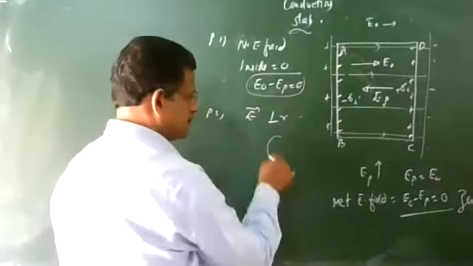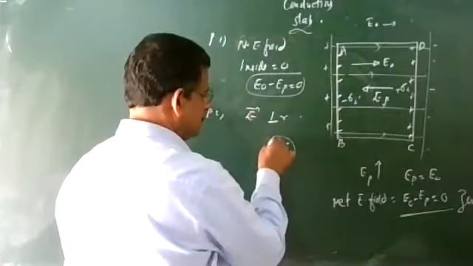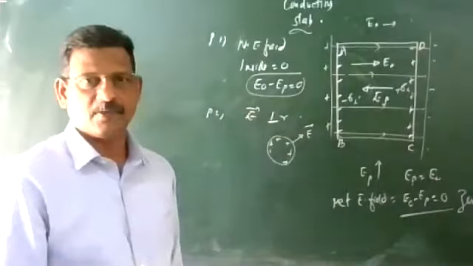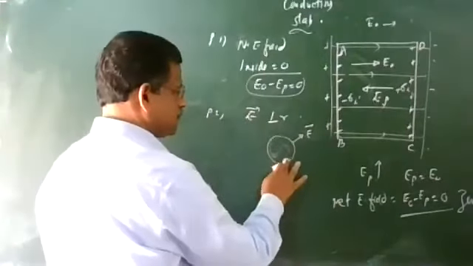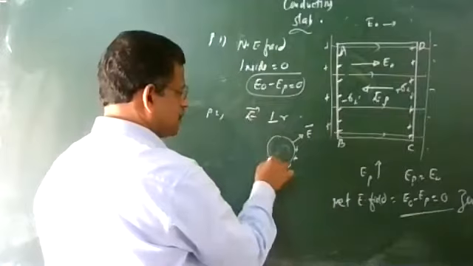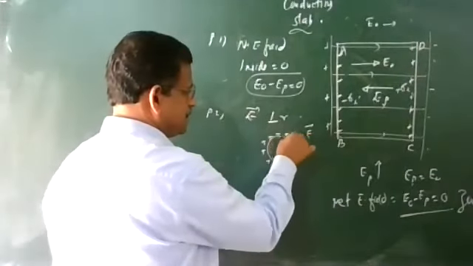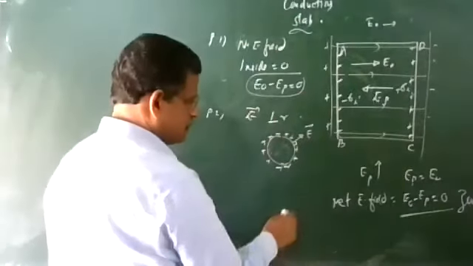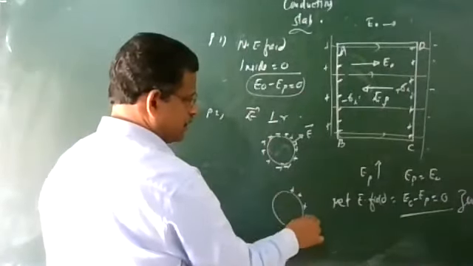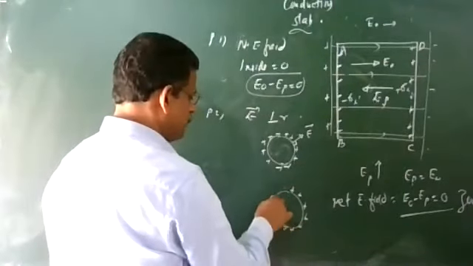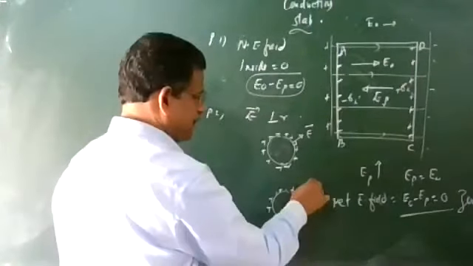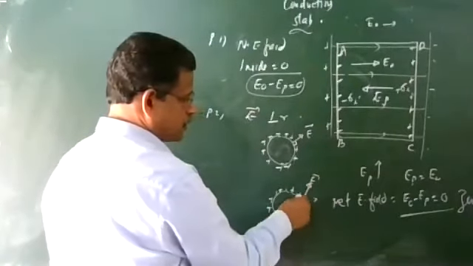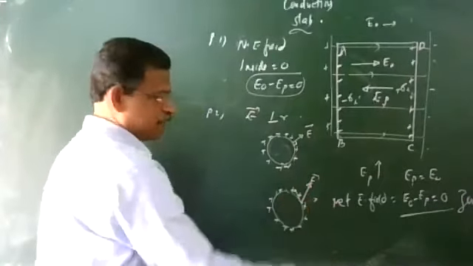In so many cases, such as a spherical shell, you can see that the electric field is normal to the surface. If it is not perpendicular and makes some angle with the surface, it is resolved into two components: one perpendicular to the surface, another tangential.